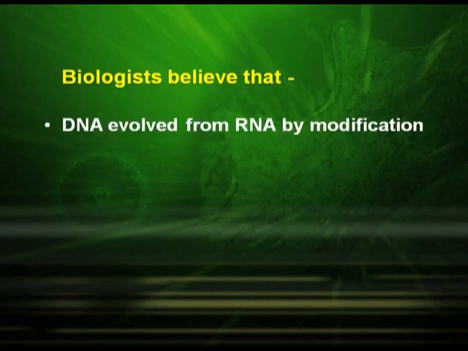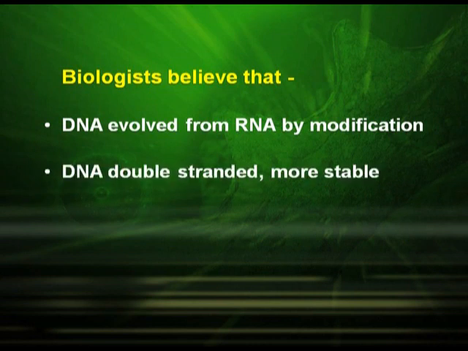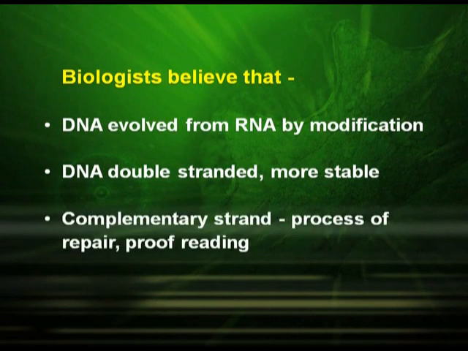So, looking into all these features of RNA, the biologists think that DNA evolved from RNA by modification. DNA is double stranded, it is more stable. Another important thing, the DNA has a complementary strand and it has an inbuilt process of repair which is called proofreading.